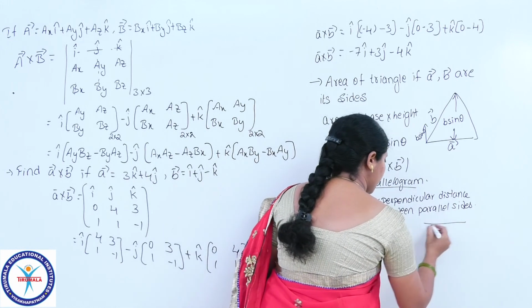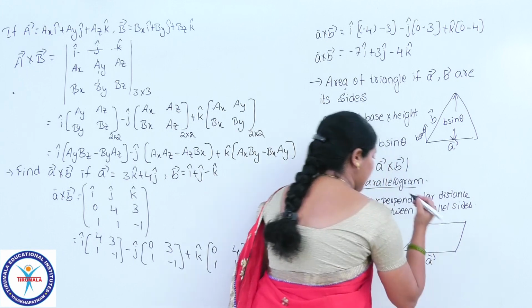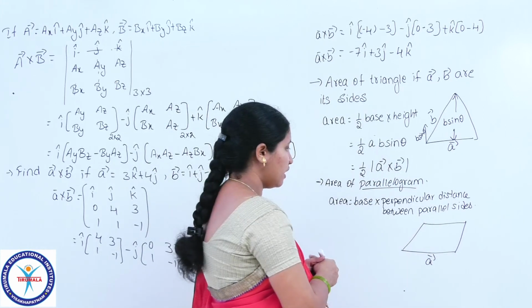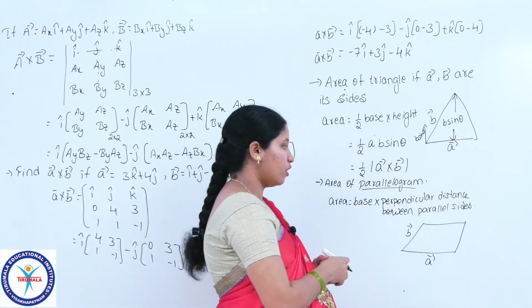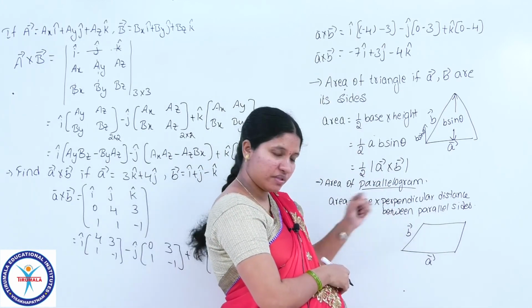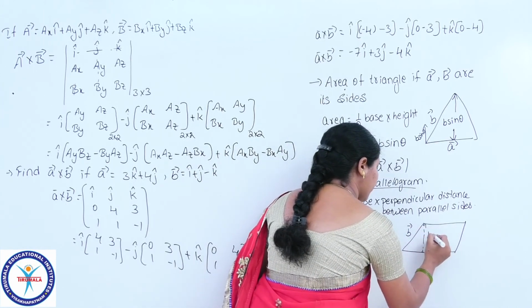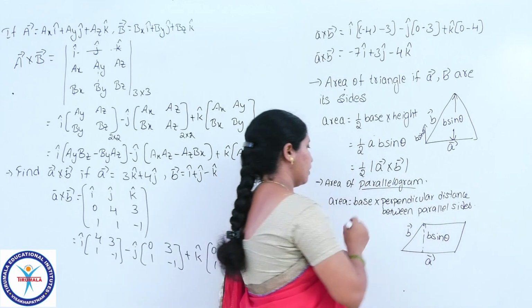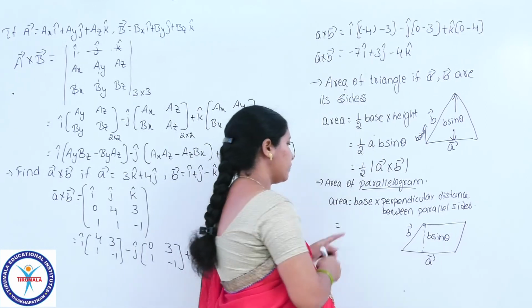So, let us draw a parallelogram, and a bar is the base and b bar is one side. What will be the perpendicular distance between the parallel sides? It is b sin theta.